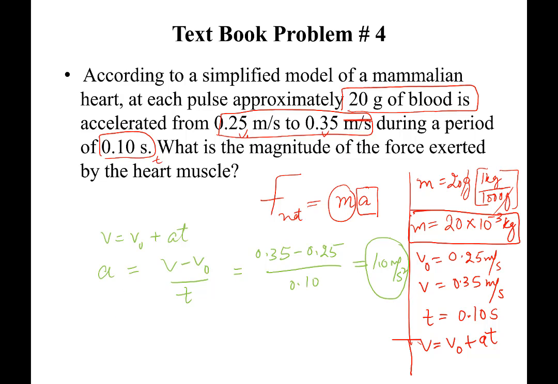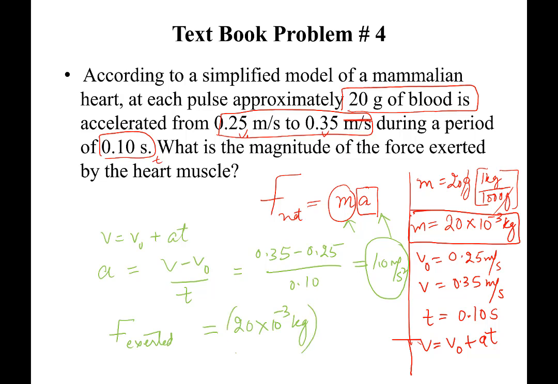Now that I have acceleration and I already know the mass, I can go ahead and find the force exerted by the heart muscle, which will be equivalent to mass. I kept the mass as 20 cross 10 raised to the minus 3 kgs. You can go ahead and divide 20 by 1000, and you can even have 0.02.